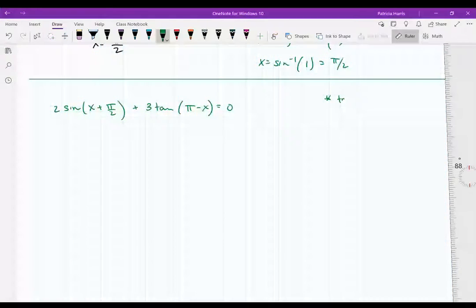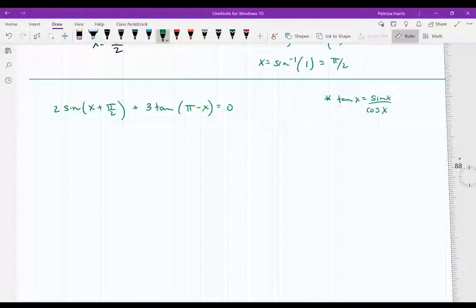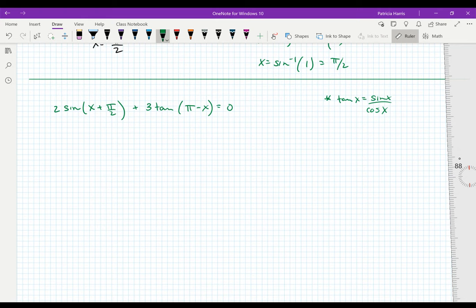Also, I know that tangent is equal to sine over cosine. I also know, okay, that might be a little easier.